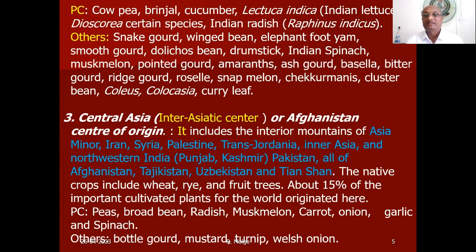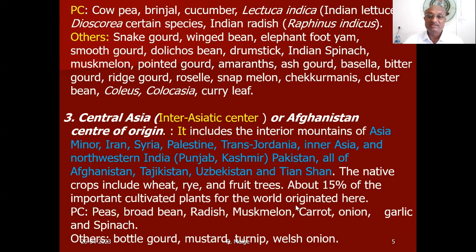So Pakistan, all of Afghanistan, Tajikistan, Uzbekistan, and Tianshan. Native crops include wheat, rye, and fruit trees. About 15% of the important cultivated plants for the world originated from here.